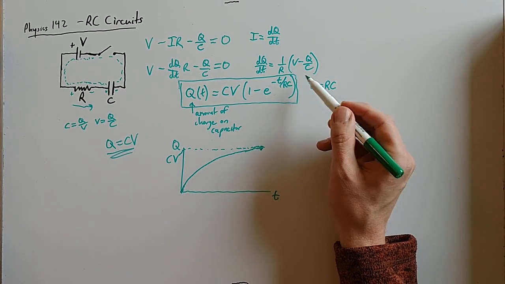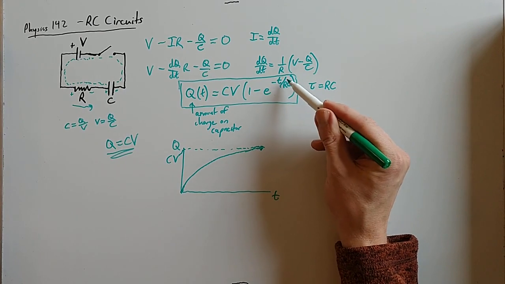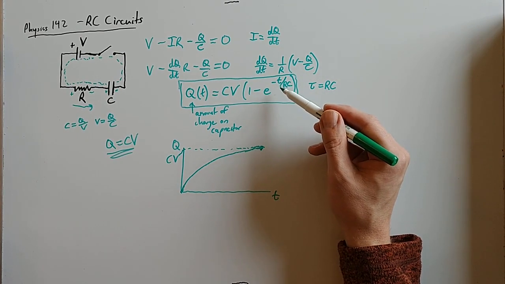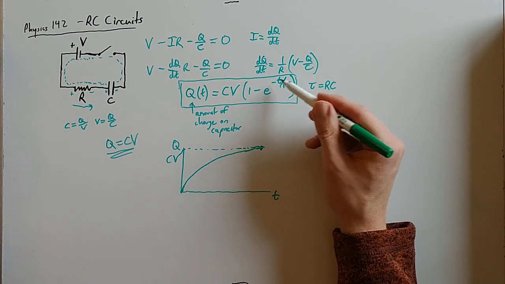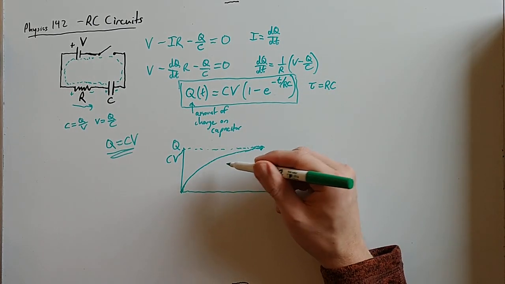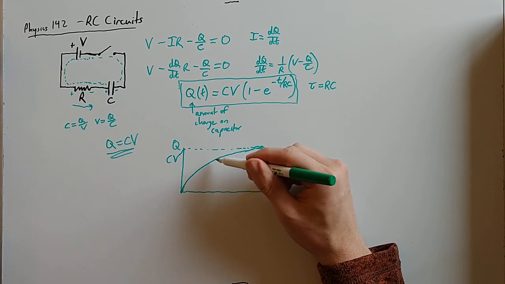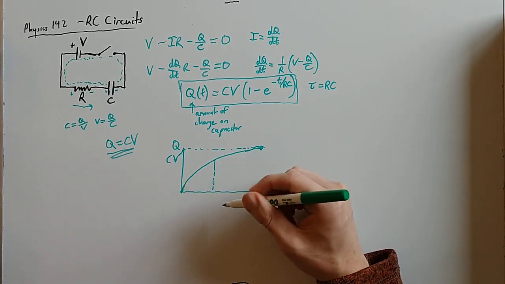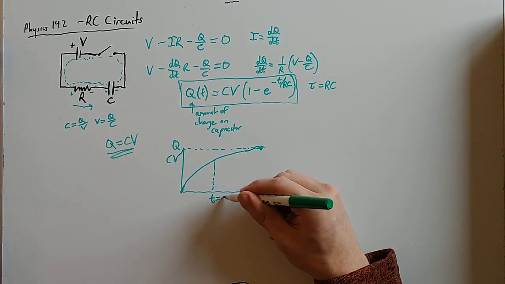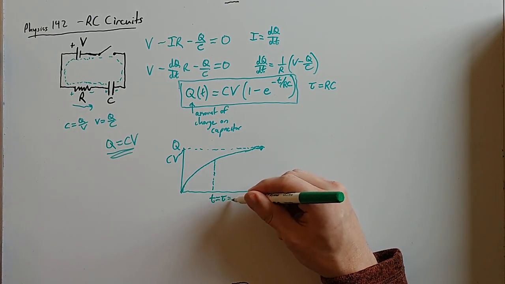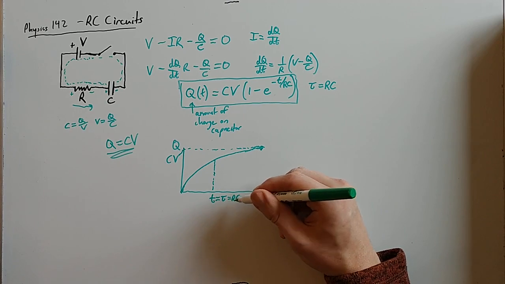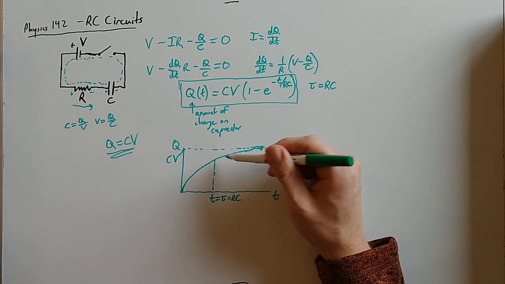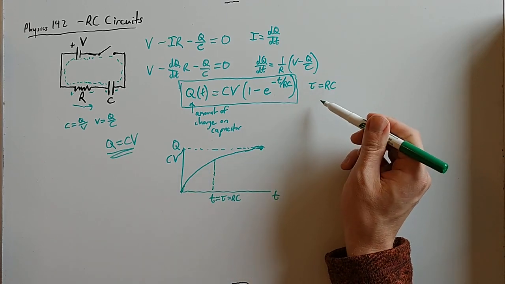Because basically, when you've charged it up to RC, then that's e to the minus 1, and that means you've charged it up to about 63% of its value. So that ends up being maybe about in here or so, at time equals tau equals R times C, and that helps you compare how charged up things are.